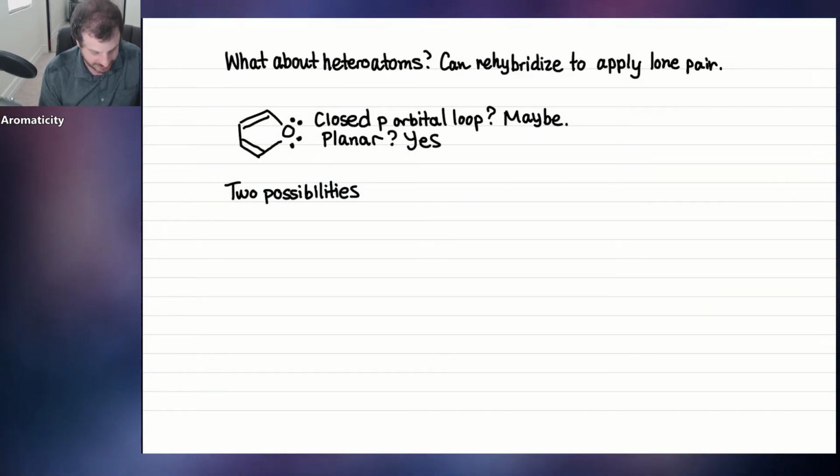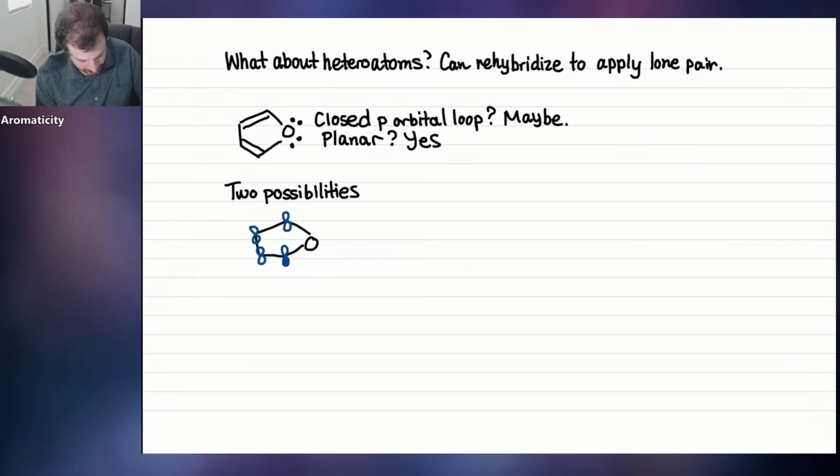Let me draw kind of a side-on view of our compound, and I'm going to draw the p orbitals as well. So here are the p orbitals, and I'll shade them in to show the phase. And see, they're all getting lined up and ready to make a closed loop of p orbitals, which would create aromaticity.